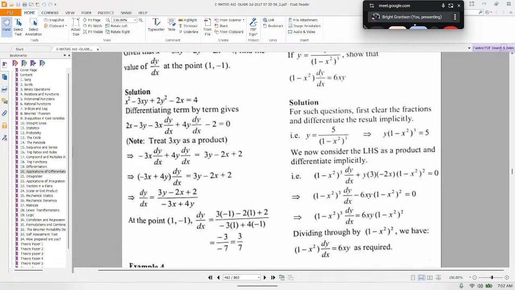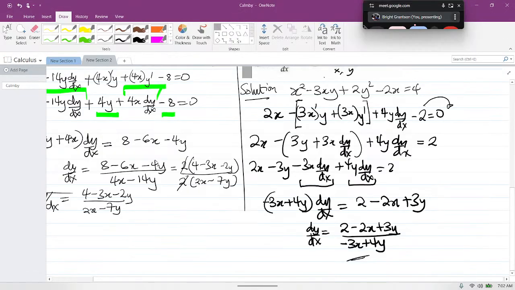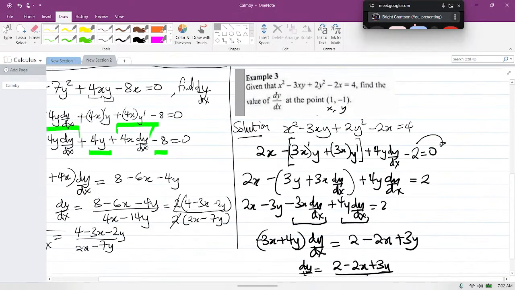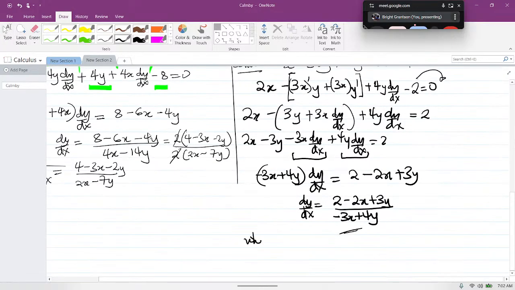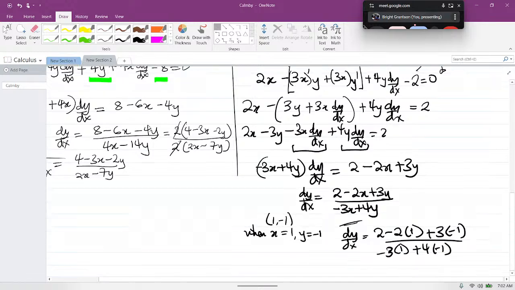Where is the question? Where did I get the question from? Now, at point 1, negative 1. So when x equals 1, y equals negative 1, what happens? dy/dx becomes 2 minus 2 plus 3 negative 1 over negative 3 times 1 plus 4 negative 1.